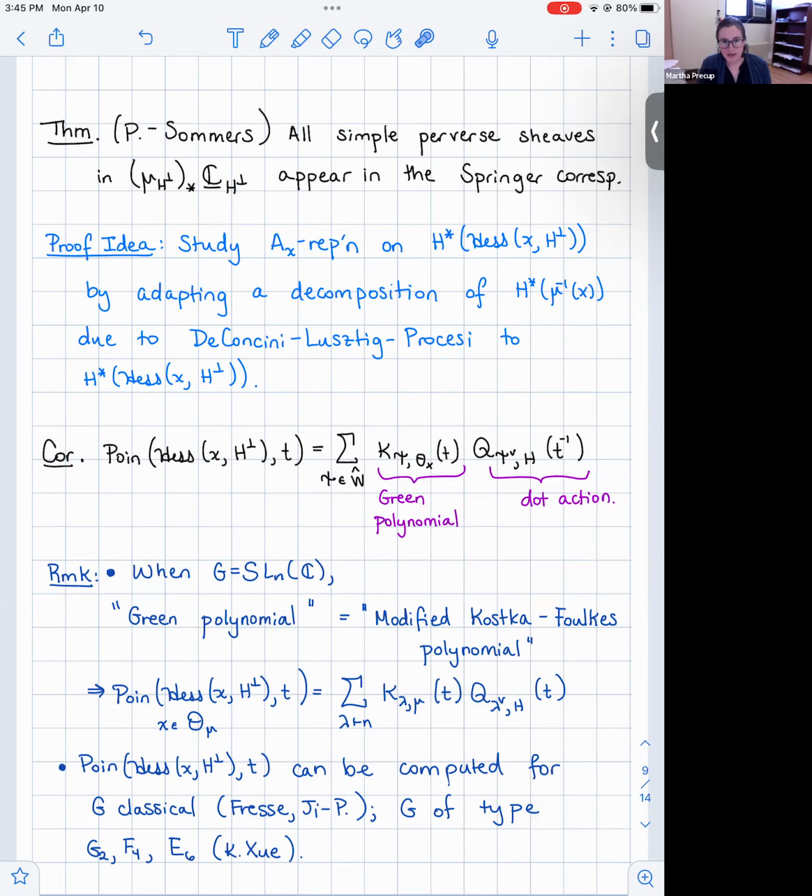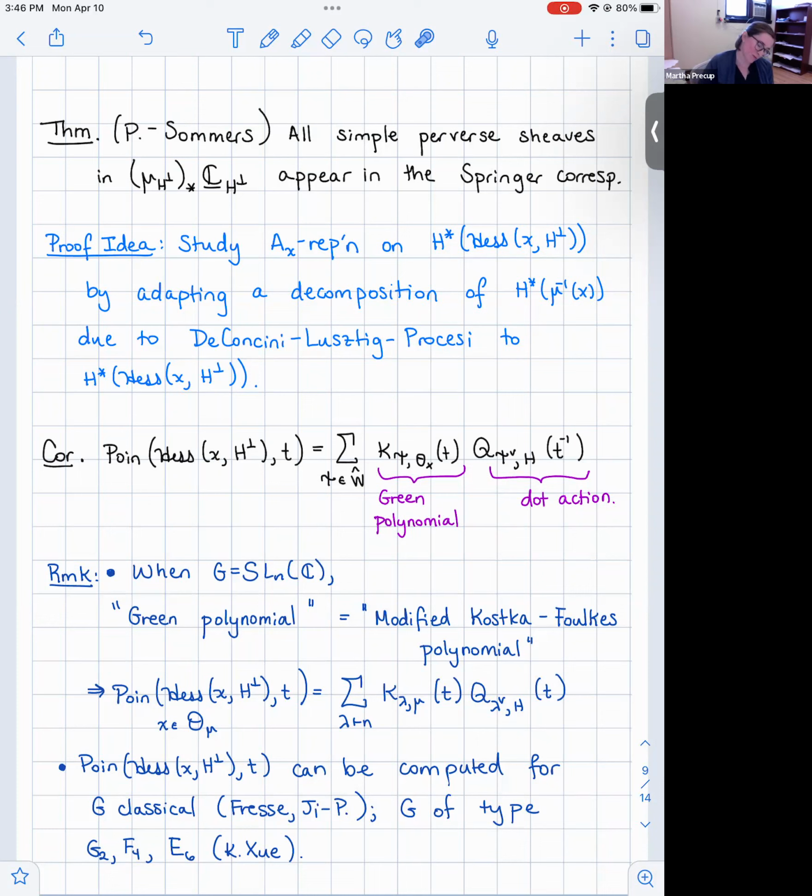So classically, there's a paper of De Concini, Lusztig, and Procesi that studies this question for Springer fibers. We adapted a decomposition they gave for the cohomology in that paper to the setting of these more general Hessenberg varieties, where you still have a nilpotent element of the Lie algebra, but instead of taking the full nil radical as your Hessenberg space, as for the Springer fiber, we're replacing it with an arbitrary nilpotent ideal in that nil radical.